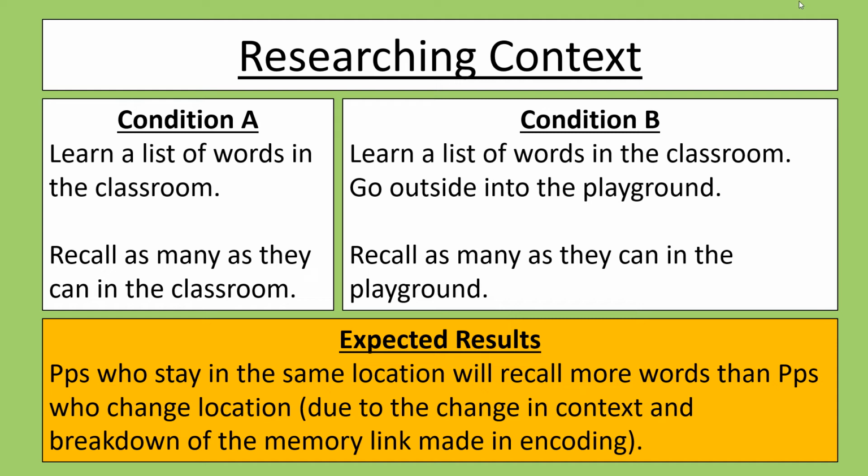Let's get both of these groups to learn a list of words in a classroom. Let's leave one of them in the classroom to recall as many as they can. Let's take the other group outside and get them to recall as many as they can in the playground. You've got one group staying in the same context, one group changing context. Nice and easy, nice and simple.